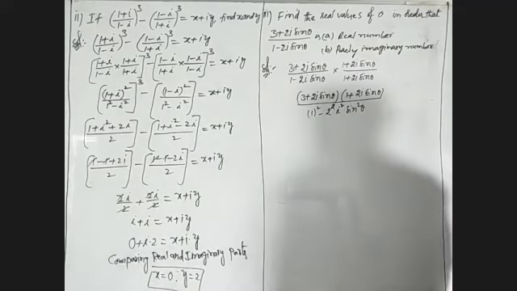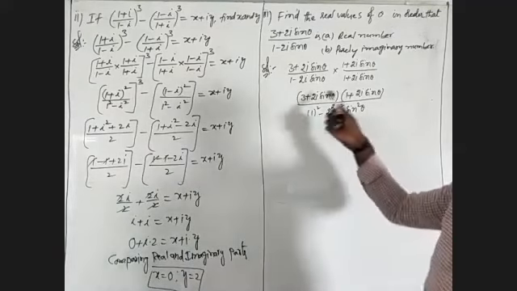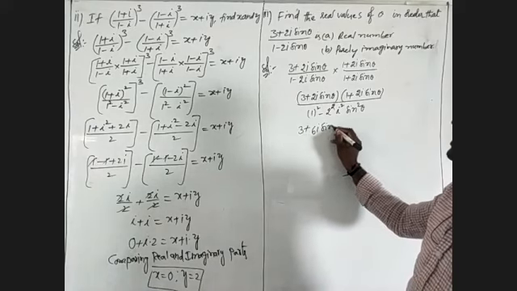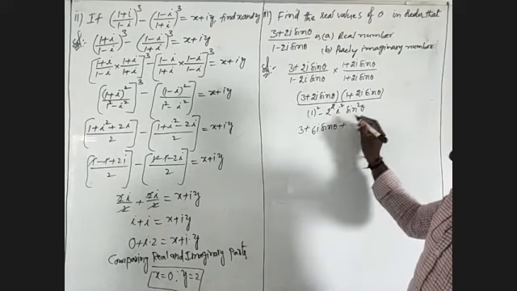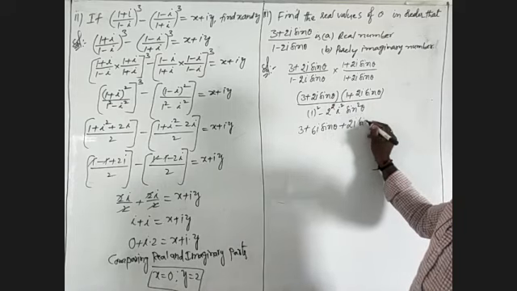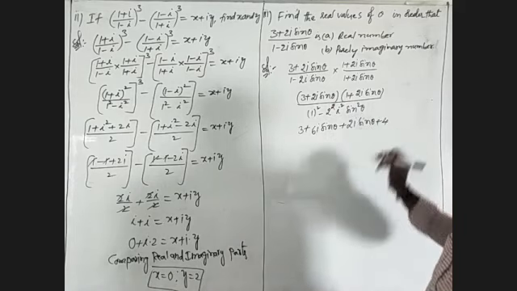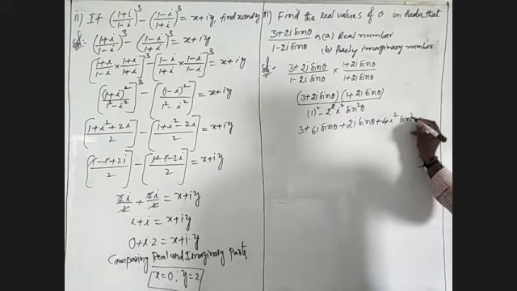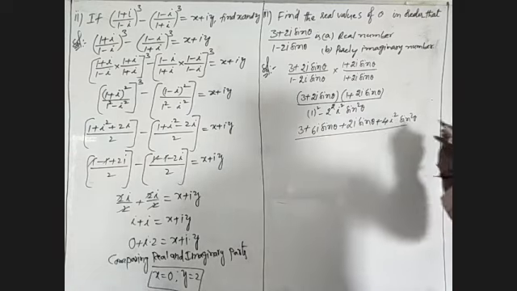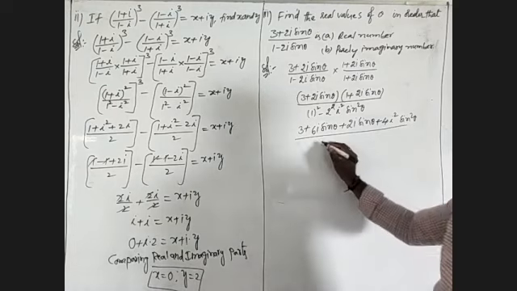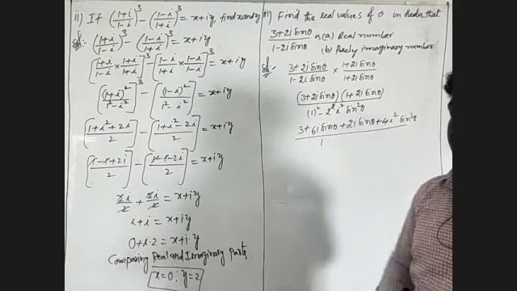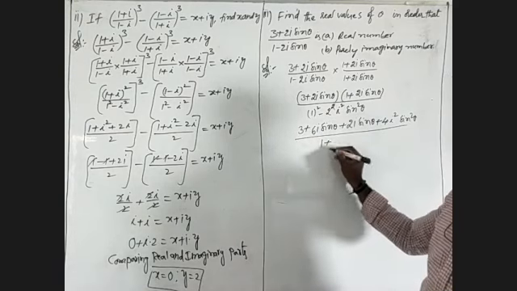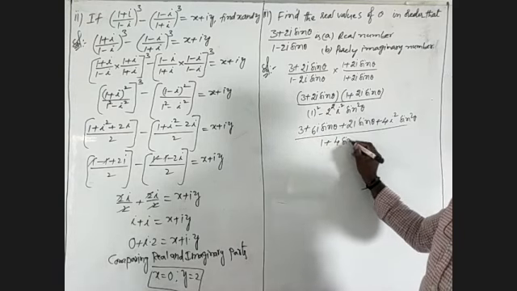That means I have to multiply: 3 into 1 is 3, 3 into 2i sin theta is 6i sin theta, 2i sin theta into 1 is 2i sin theta, and 2 into 2, where i into i is i square, sin theta into sin theta becomes sin square theta. By the denominator, 1 minus 2 square becomes 4, i square becomes minus 1, minus into minus becomes plus, so 1 plus 4 sin square theta.